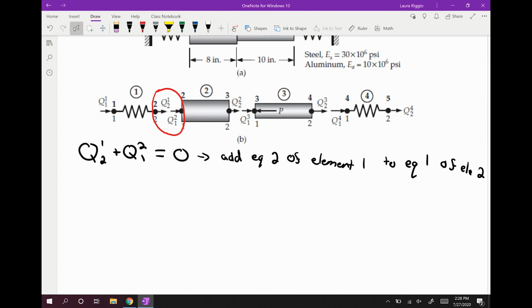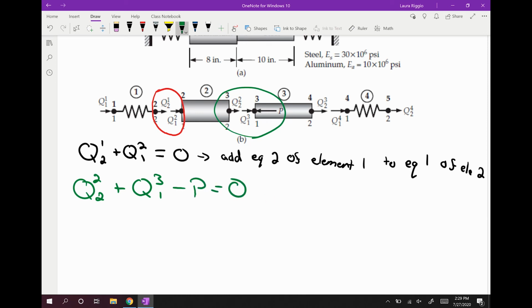Now, if we look at global point 3, so if we look at here, we're going to see that we have Q22, so the load at N2 of element 2, plus Q31, which is the load at N1 of element 3, minus P is equal to 0. So that's our balance of our forces. Another way of saying it is that Q22 plus Q31 is equal to P.